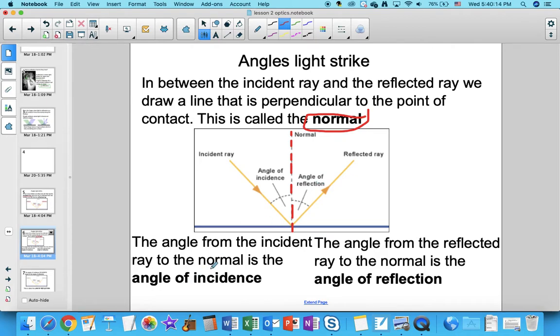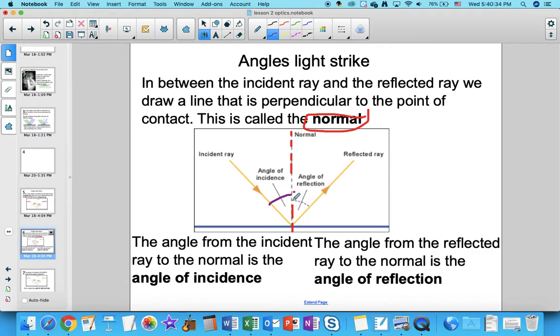The angle of incidence is the angle of the ray to the normal. So let me just use a different color. If I were to use, let's say, purple, this angle here is the angle of the incident ray to the normal, so we call that the angle of incidence.